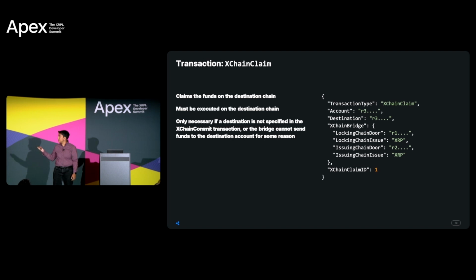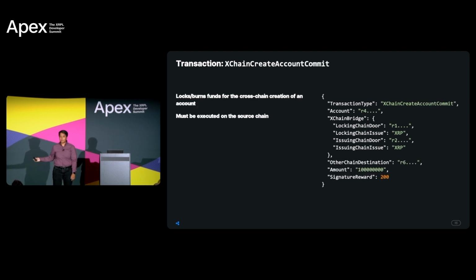So in that case, you need this exchange claim transaction, which is submitted by whichever account holds the cross-chain claim ID. And basically, all it does is it's got a destination and it's got the claim ID, and you can just say where you want the funds to go. It's to make sure that even if something goes wrong with your funds transferring, you still have some control over it.